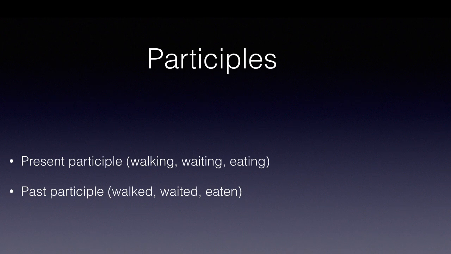Listen to this. I am walking, I was walking, I will be walking. Doesn't matter which tense or time or whatever you're using, the word ending in ing is always the present participle. Even I was walking, it's still the present participle. Walked, waited, eaten, that form is always the past participle.